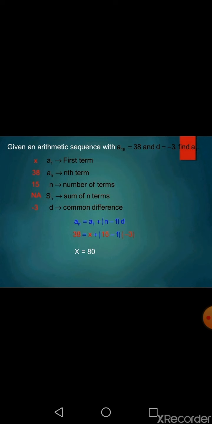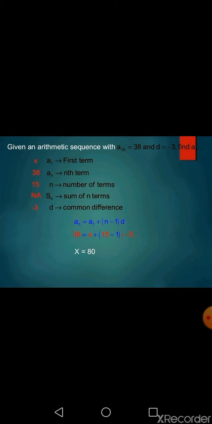Okay, so what I do first is write the formula of the arithmetic sequence. a_n equals a1 plus open the bracket n minus 1 close the bracket d. a_n is 38. a1 is my unknown, it will be x, plus n, number of terms, is 15, minus 1, times d, the common difference, given here as negative 3.